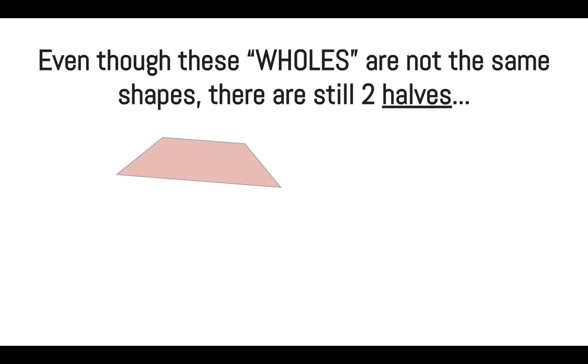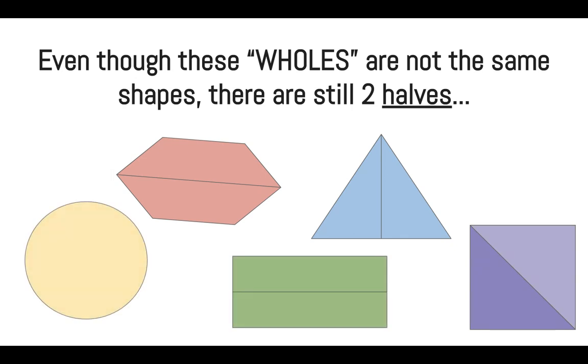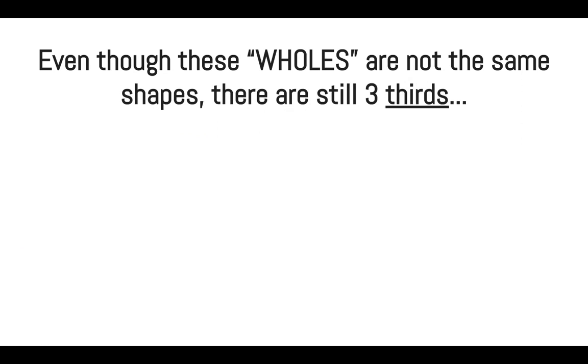Even though the shapes don't look the same, all of these shapes you see on this page still have two halves. So even though they look very different, they are still divided into two equal parts, which means there are two halves.